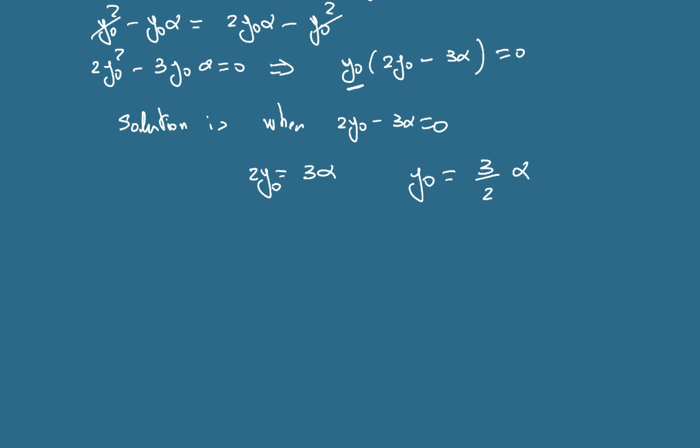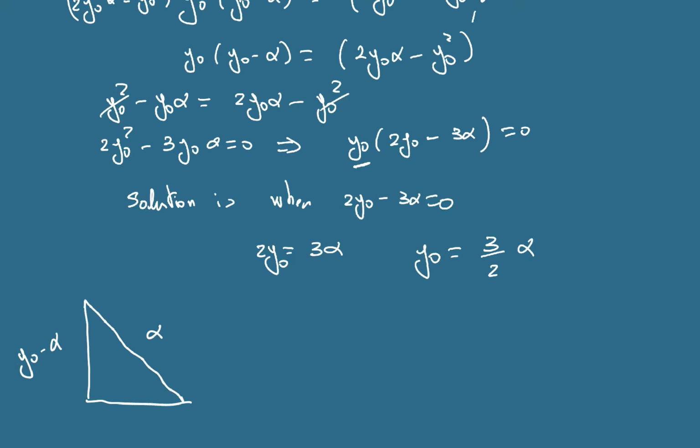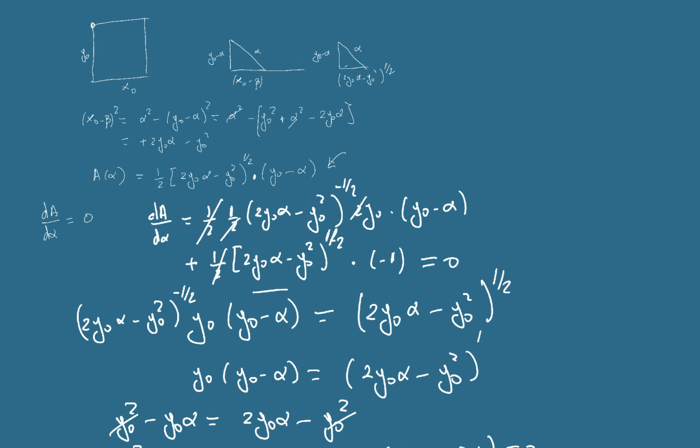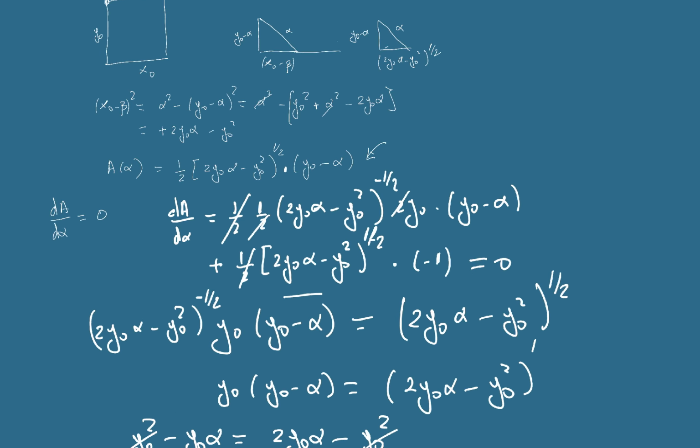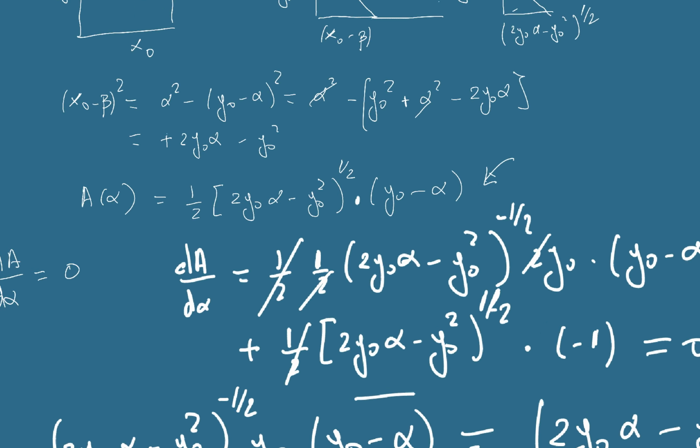We said that when we folded the paper, we create a right triangle where this is y0, the height, minus alpha. This is alpha, and this is something minus beta, that I wrote here, which is 2y0 alpha minus y0 squared.